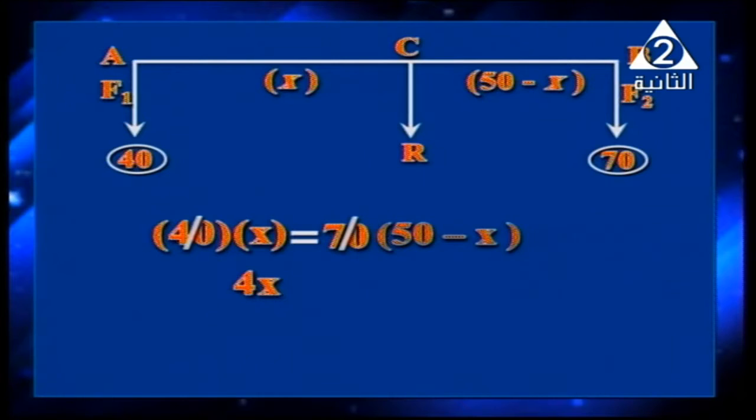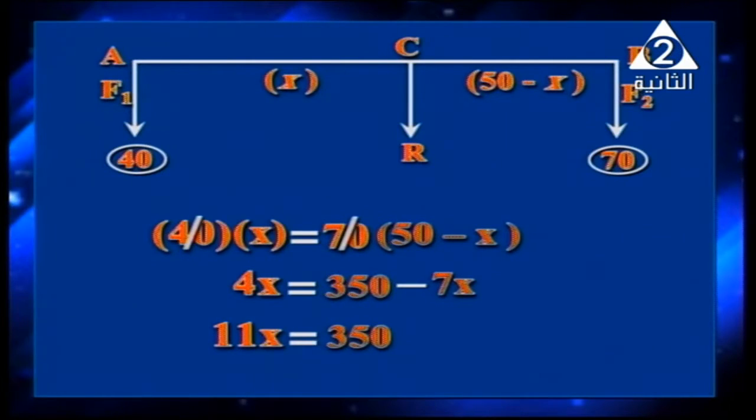Therefore, 4x equals 350 minus 7x. By using like terms, therefore 11x equals 350. What is the value of x? 350 over 11.